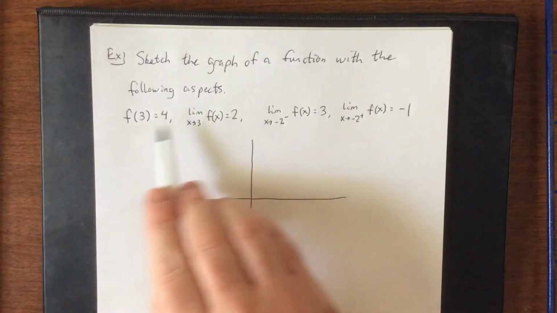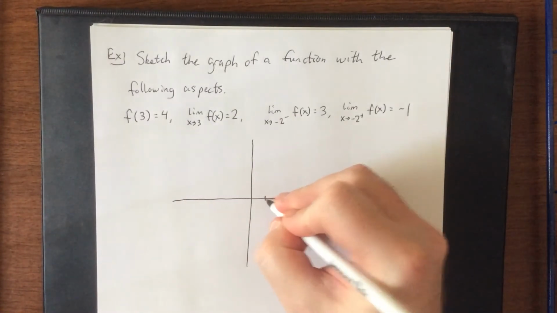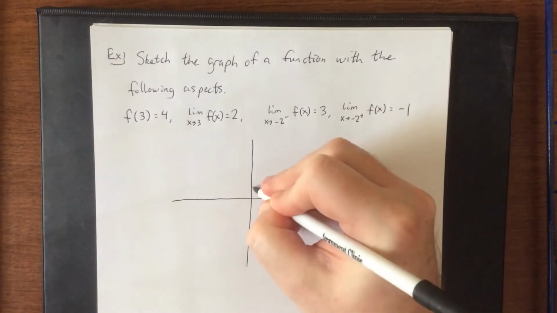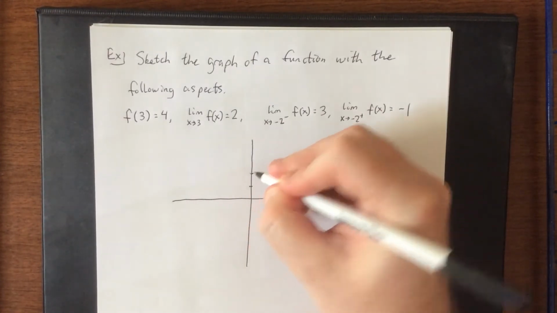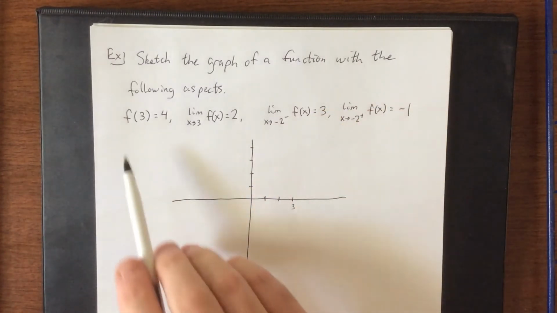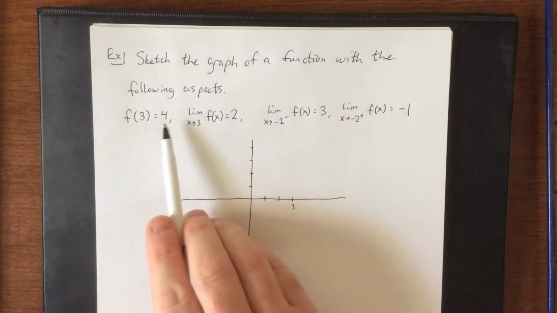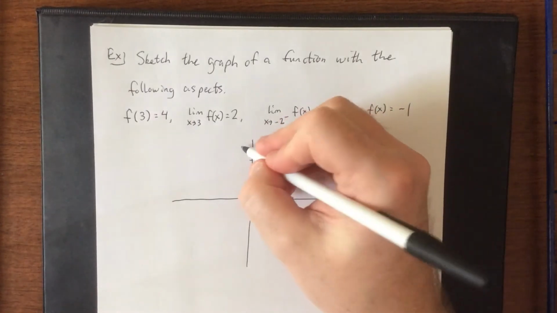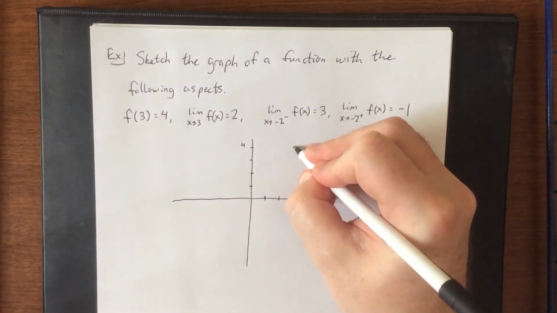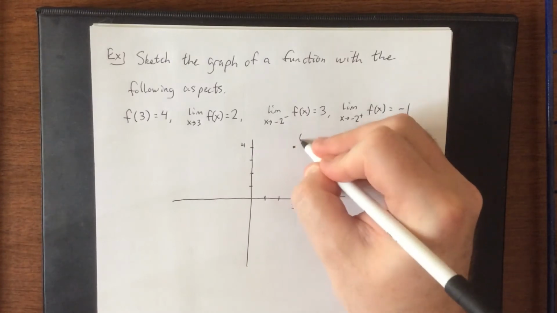So let's consider what's going on at x equals 3 first. So here's x equals 3. We'll draw in a couple of y values as well. So if we actually plug in x equals 3, we're supposed to get positive 4. So on a graph, that would simply be a point at the ordered pair 3, 4.